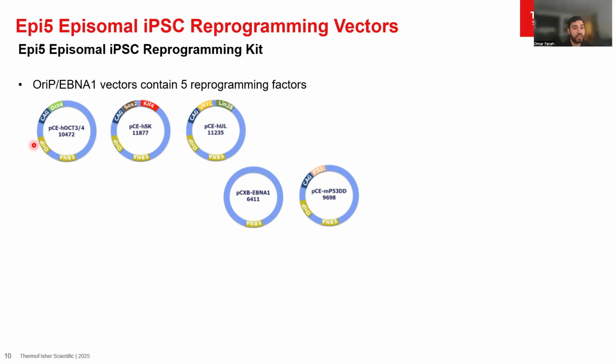It does, yeah. We actually, and I'll talk a little bit more about this, have protocols specifically for T cells as well. And this is primarily because of the mode of delivery, right? So Sendai or viral delivery is a little bit more efficient in this case. And Sendai specifically allows you to transduce a lot of different cell types quite easily. So you are able to do that in a suspension-based workflow.